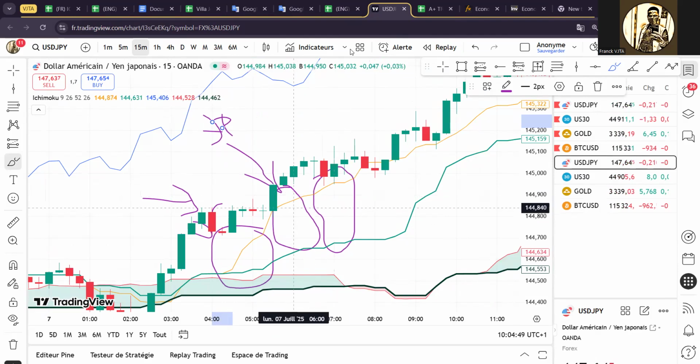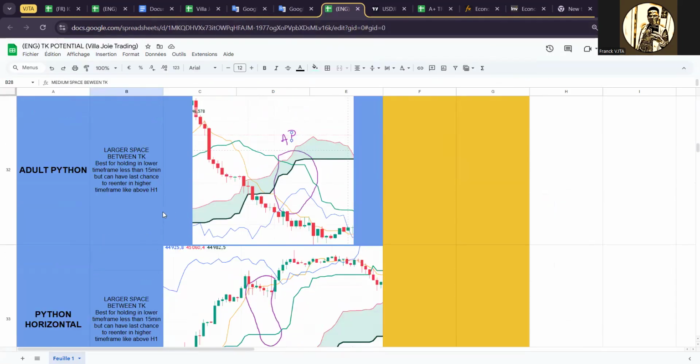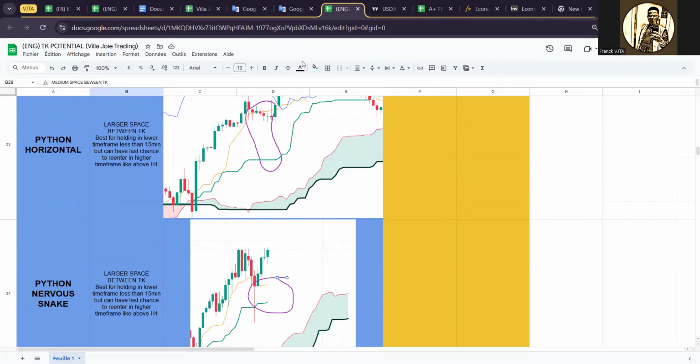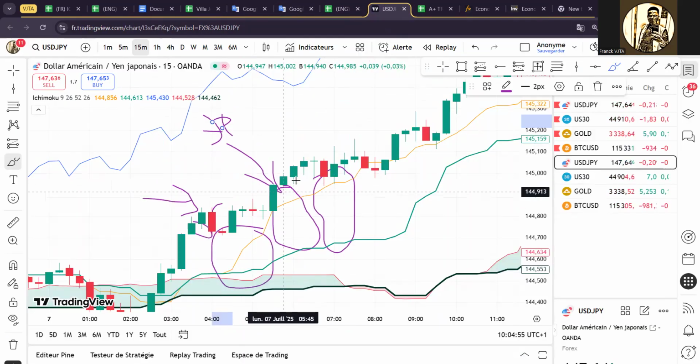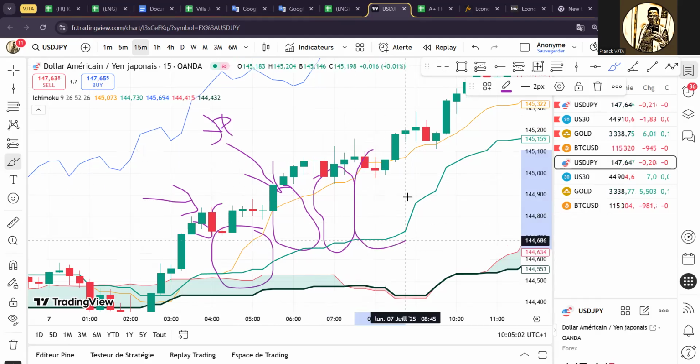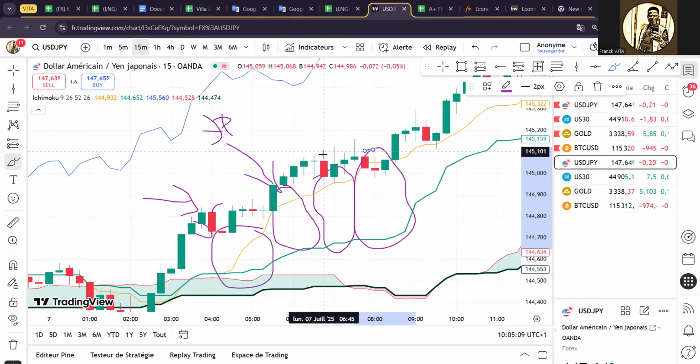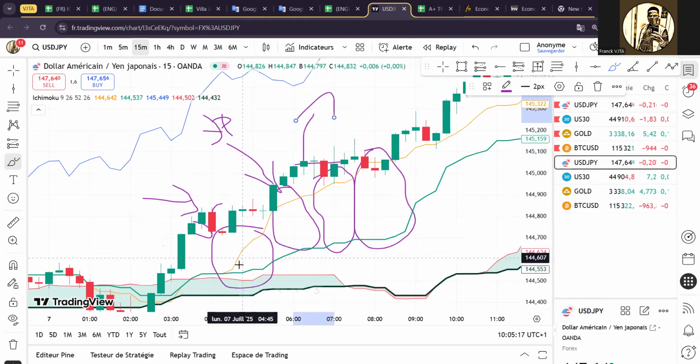But if he has Python navel snakes like this one, you don't find an opportunity. But after that, the Python becomes big like this, like the space between Tenkan and Kijun becomes big. When you see Python, what's the meaning of even in Python? It means that the candle doesn't want to go higher, compared to when you have the fusion.